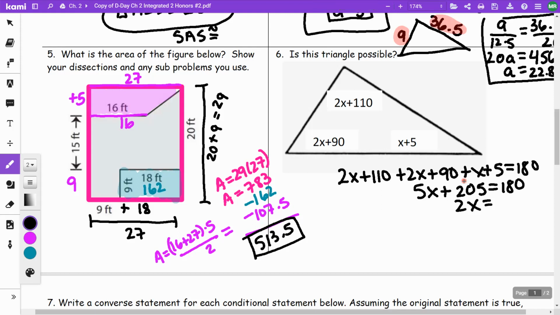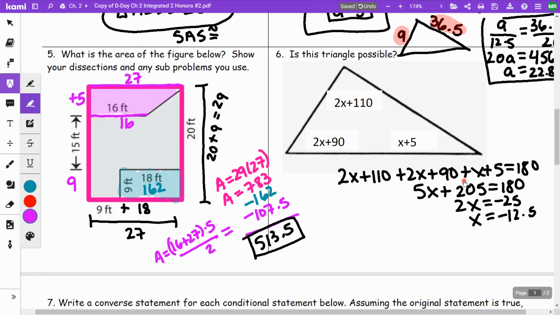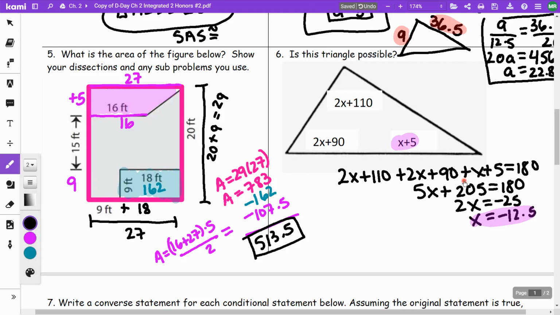And I get negative 25. I divide and I get negative 12.5. Now, it's okay to have a negative x, I just can't have negative angles. So when I put this in here, that's going to become negative. So this is not going to be possible.